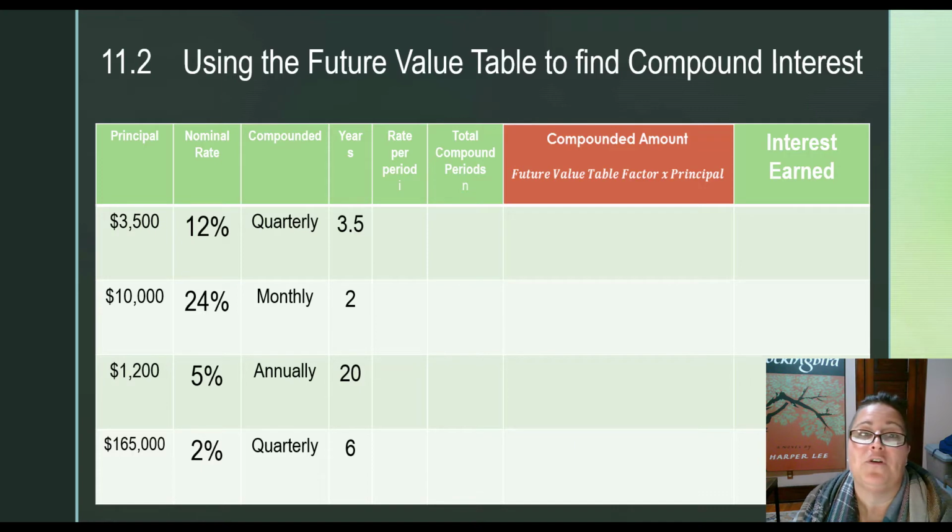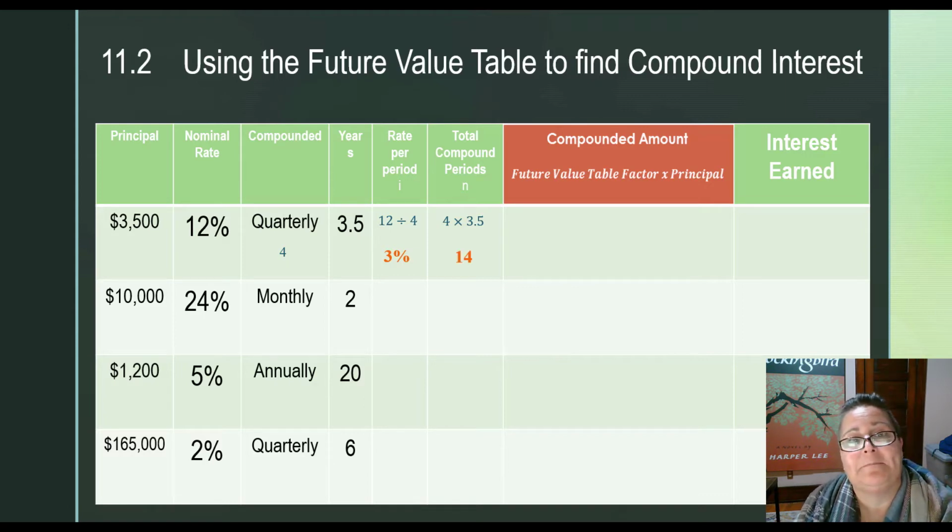So looking at the first column, it's important to note that if it's compounded quarterly, that means 4 times a year. So our interest rate per period would be the 12% interest divided by 4. This is 3%. So each period has a 3% interest rate. The total number of compounds would mean taking the 4 compounds per year and multiplying it by the time of the loan, or 3.5 years.